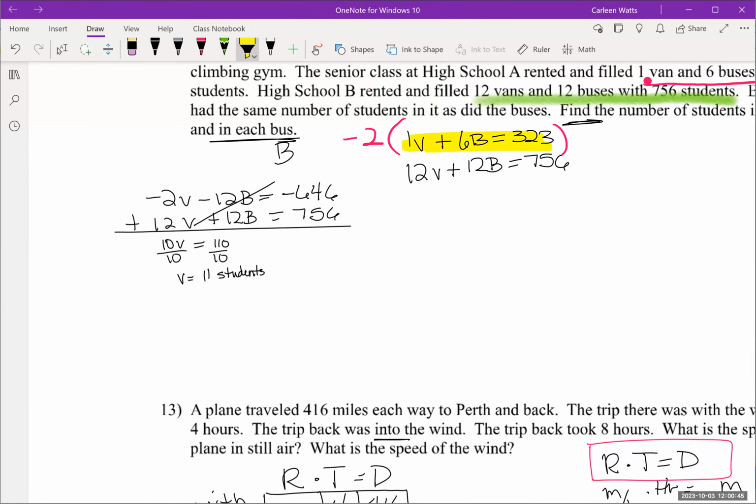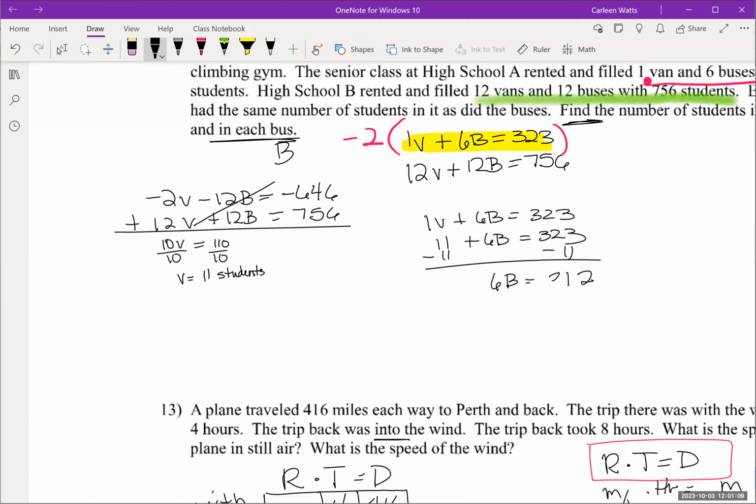I like that one. 1V plus 6B is equal to 323. 1V is 11 plus 6B is 323. 6B is equal to 312. Divide by 6. B is equal to 52 students.